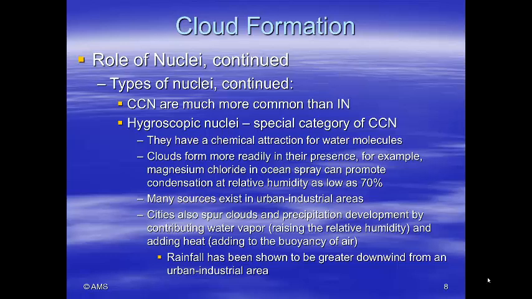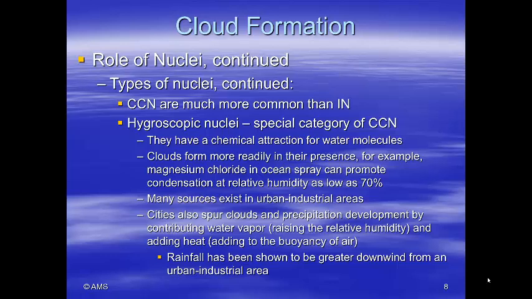So living near the ocean, we know that we see a lot of clouds in the summertime, and a lot of this is formed by the salt spray that's blown up from the ocean surface. Cities can also spur clouds and precipitation development, and they do this by contributing water vapor, so they raise the relative humidity, and they add heat, which adds to the buoyancy of the air.